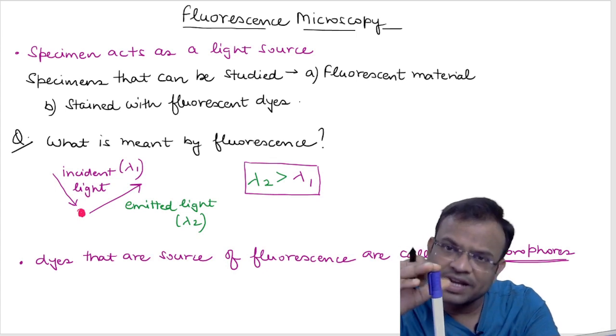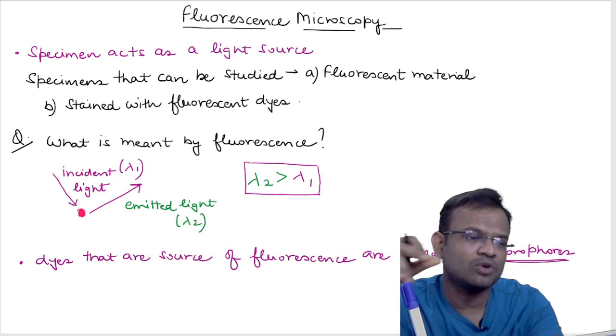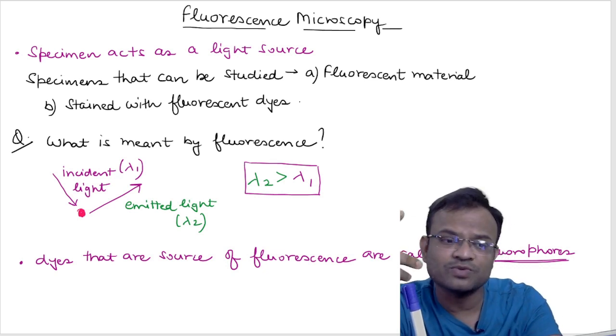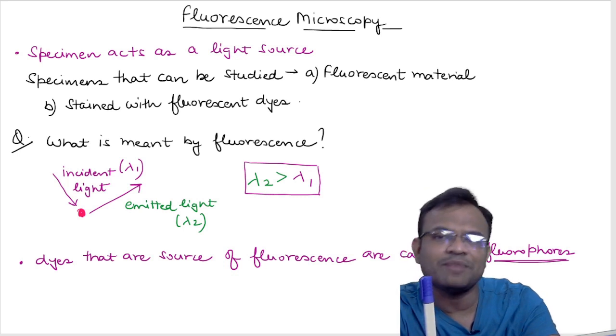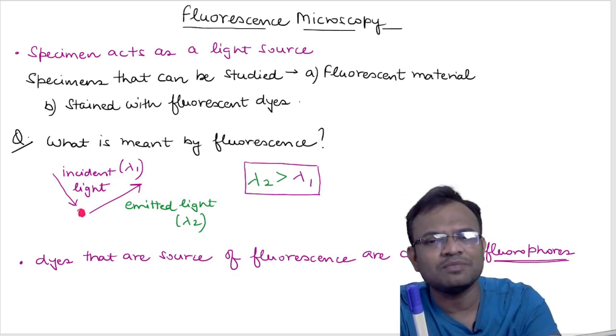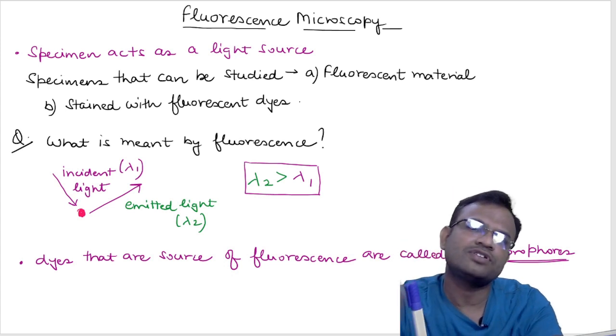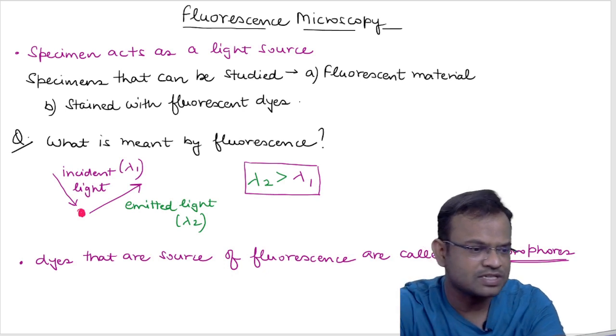You can stain it with a fluorescent dye. So the second one I am talking about is stained with fluorescent dyes. The first one was a fluorescent material that has the natural capacity of emitting fluorescence. So these are the two types of specimen that can be visualized under fluorescence microscopy. I hope this is clear.